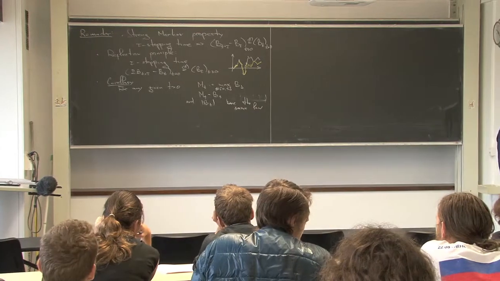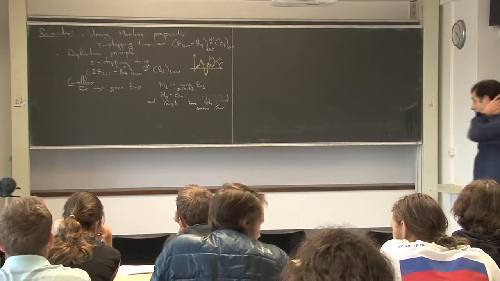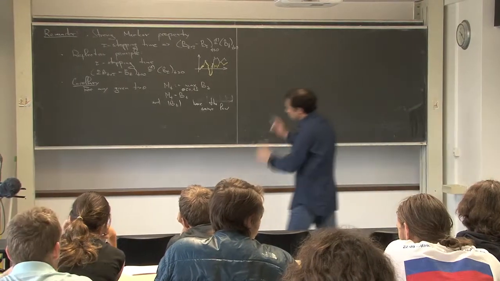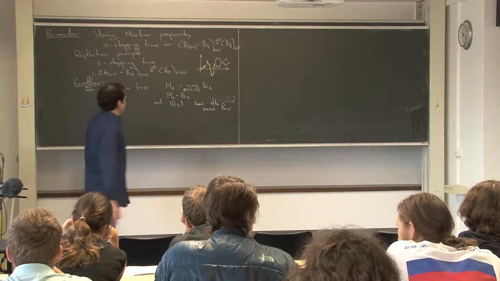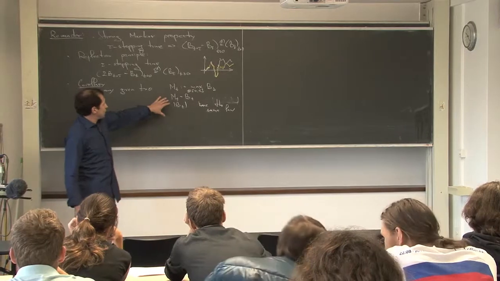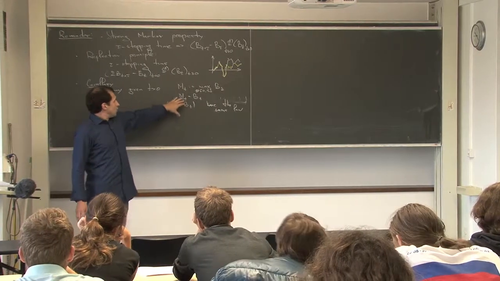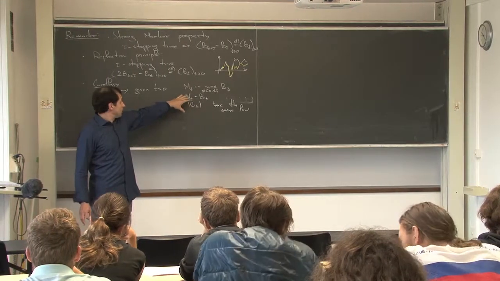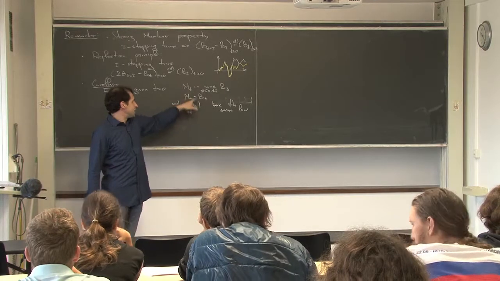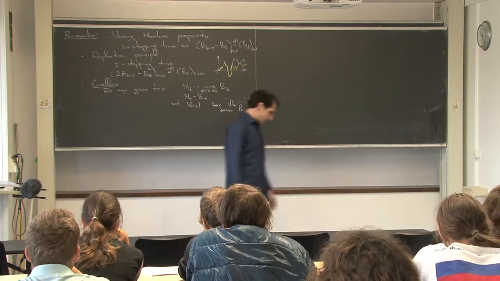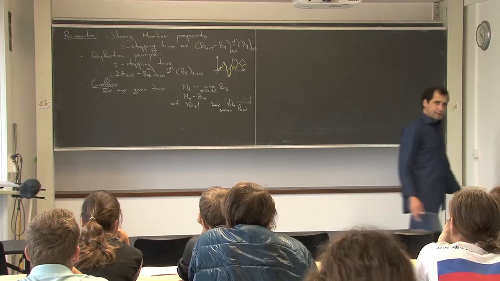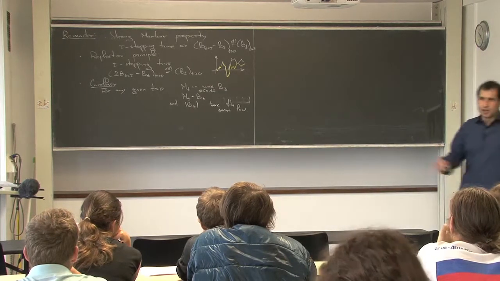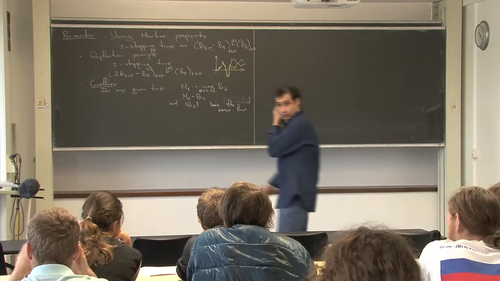Good. So what I'm going to discuss today, to start with, is a discussion of these objects, M_t minus B_t and the absolute value of B_t, as processes, not at a given time, but over the whole line.